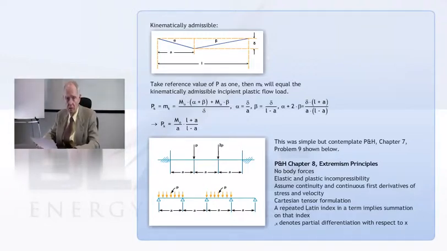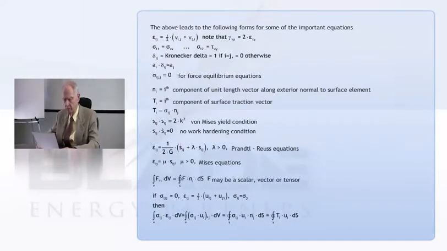So that's about all I want to say about the Prager and Hodge limit analysis of the part that's in, well, mainly in Chapter 7. So we move on now to something that Prager and Hodge treat as different, but it's not physically really that different.